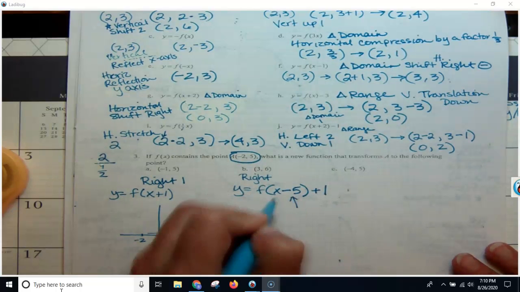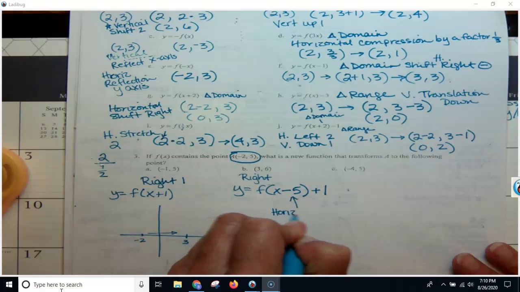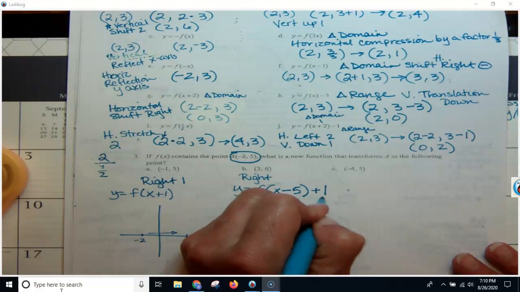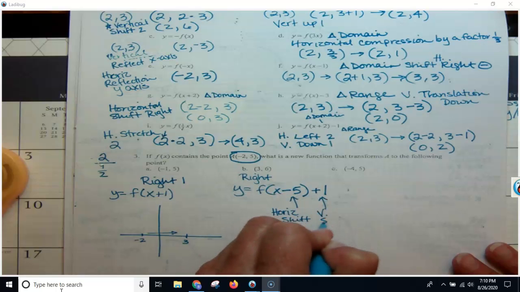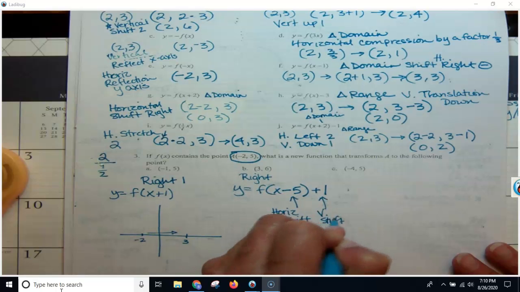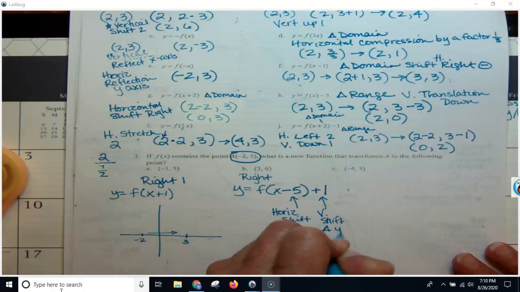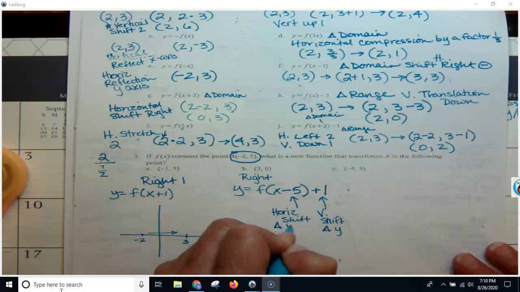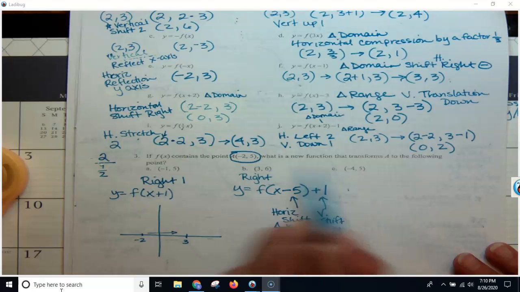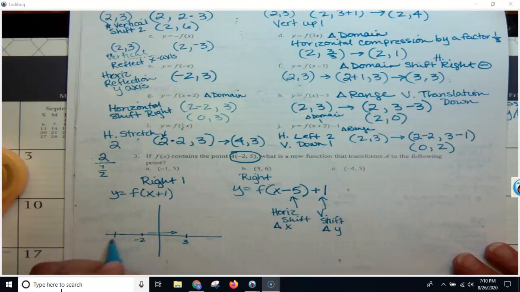So this causes the horizontal shift. Inside the parentheses, this causes the vertical shift. The change in the y, this causes the change in the x. And this last one, now I'm going from -2 to -4. Well, that's going to be over here.